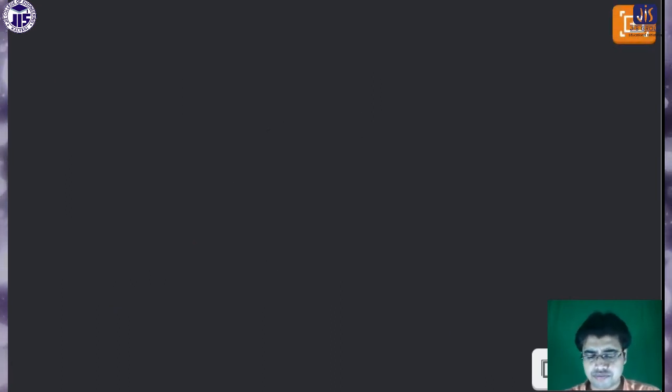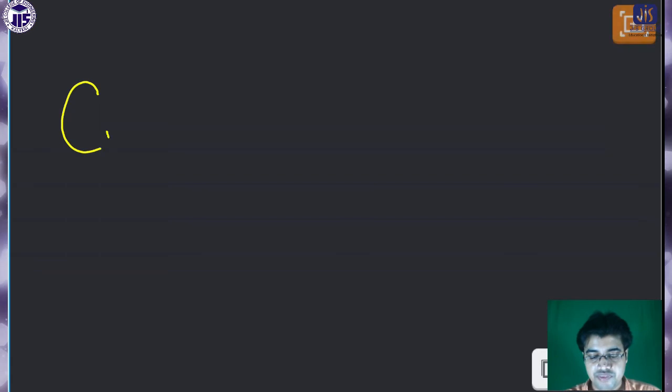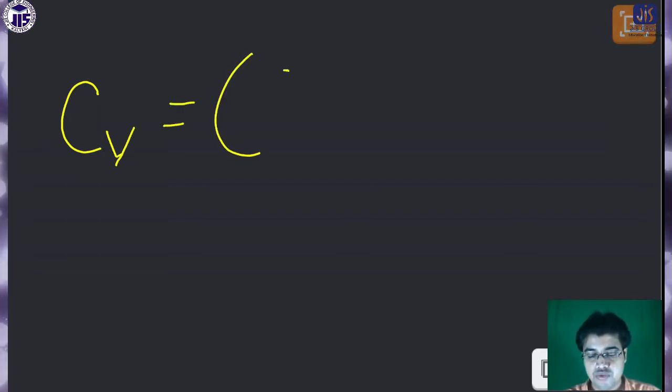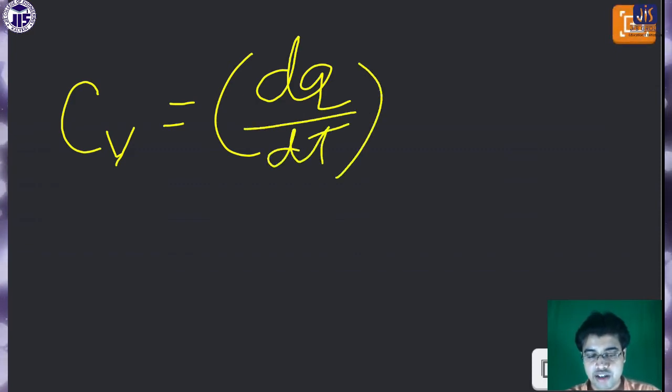If we consider the molar heat capacity at constant volume, that is Cv, then Cv equals dq by dt at constant V. Why? Because it is the amount of heat required to raise the temperature by 1 degree. So dq is the amount of heat required, and dt is the increase in temperature, isn't it?